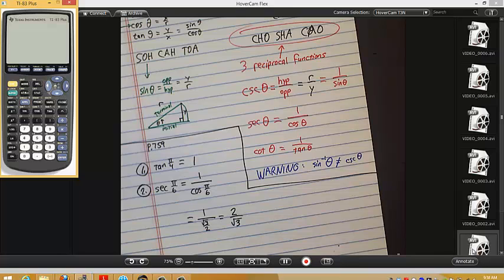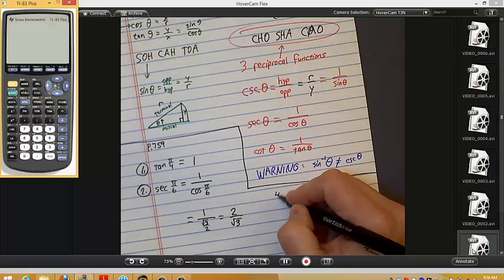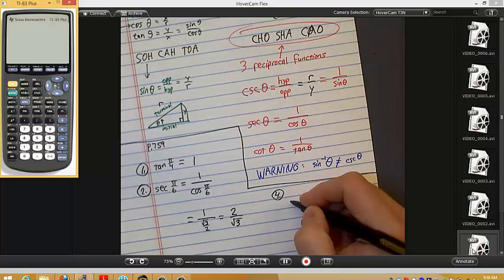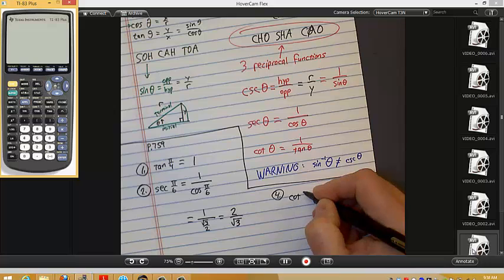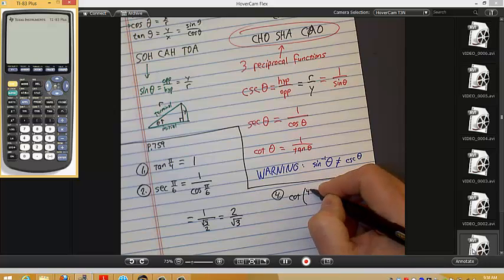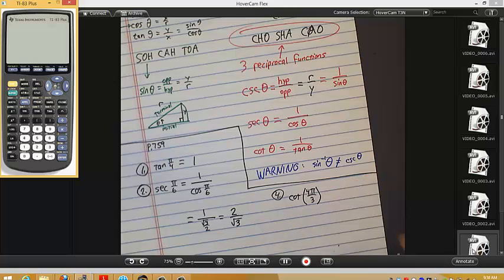Number 4. Cotangent of 4 pi over 3. Okay. First step, what would you do first? Kind of like here, I had a first step. I wrote it as 1 over the cosine, right? Oh, I guess I didn't show you enough examples yet.